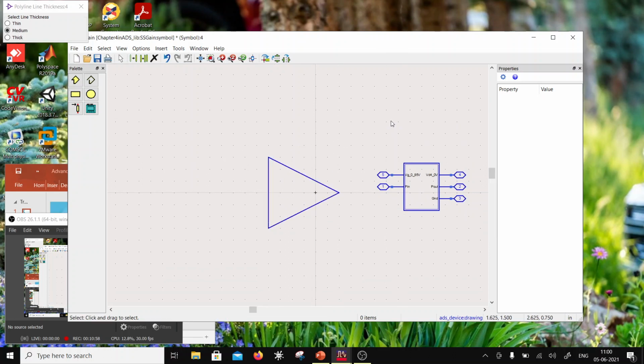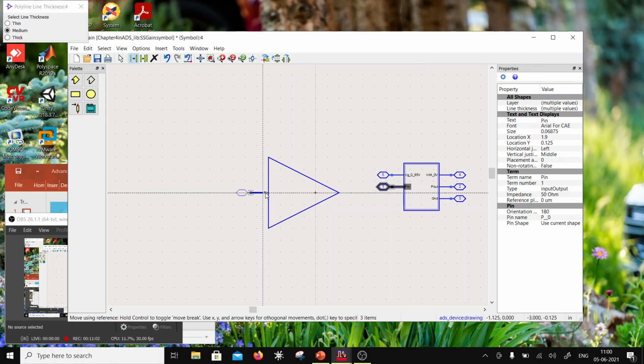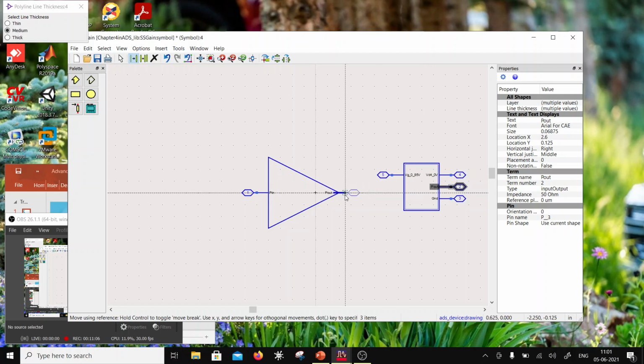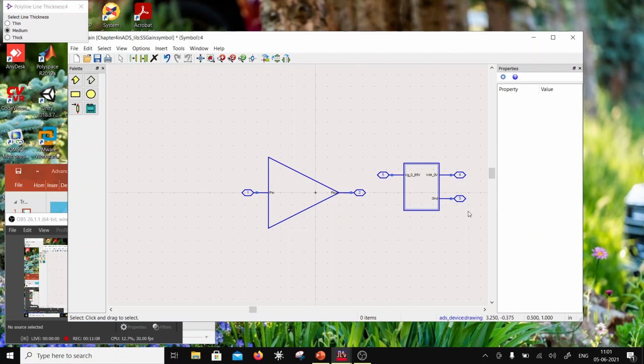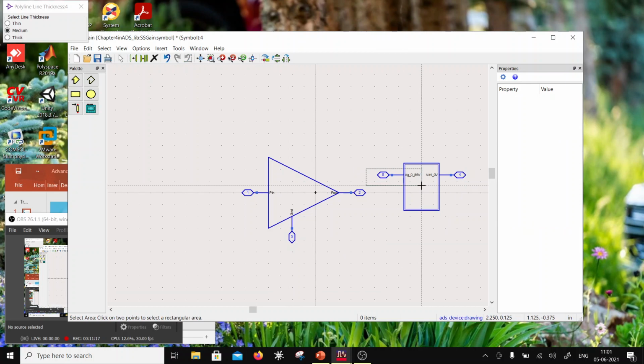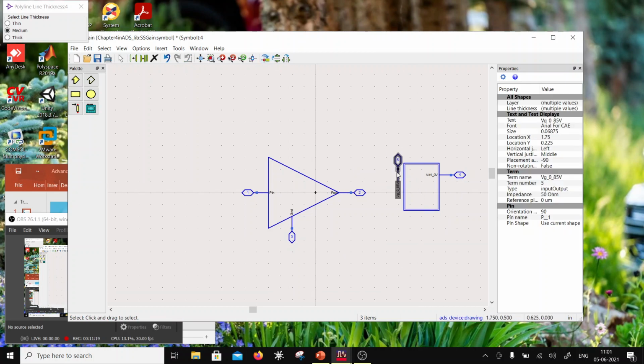Okay, so that's the symbol, and I'm going to have P in, P out, ground, and I can have the supply voltage and the gate bias.